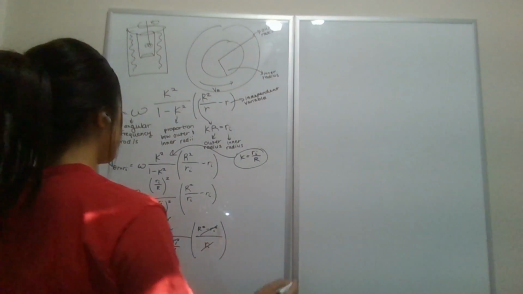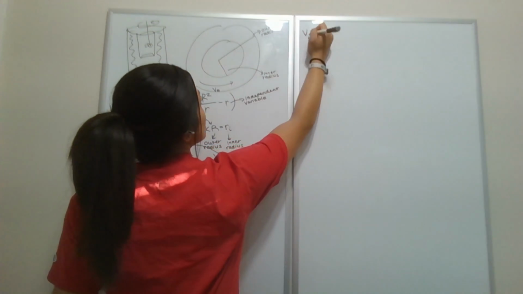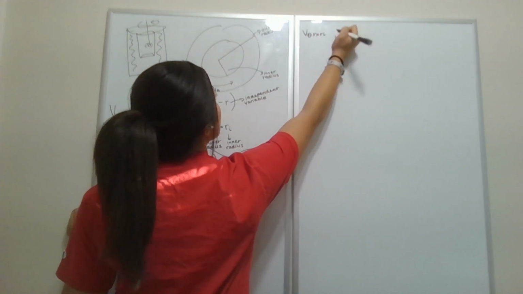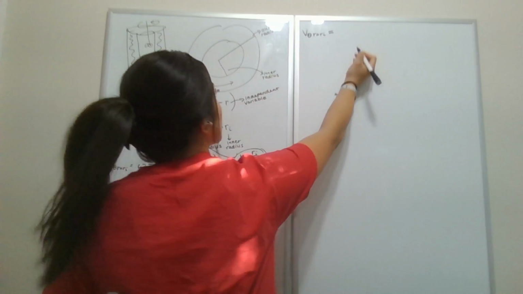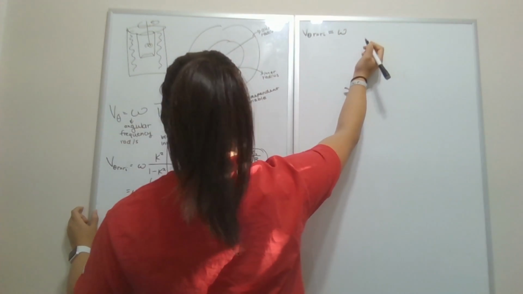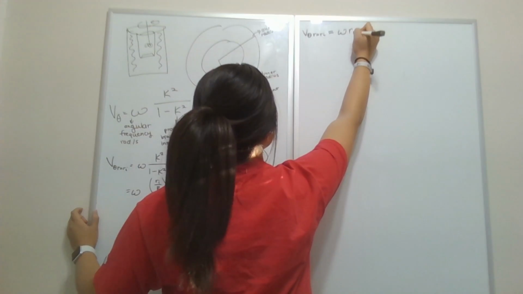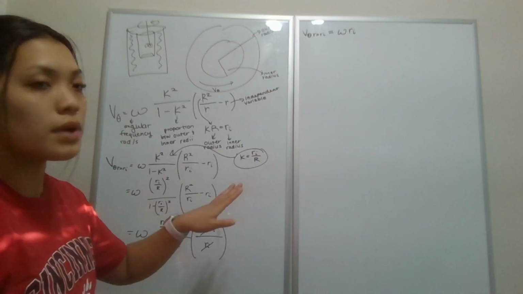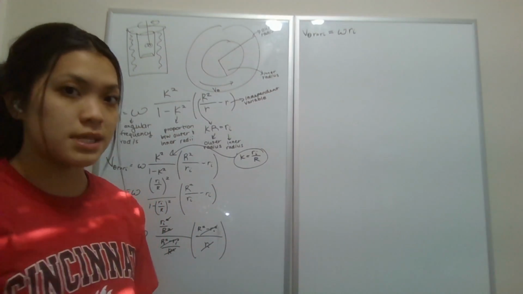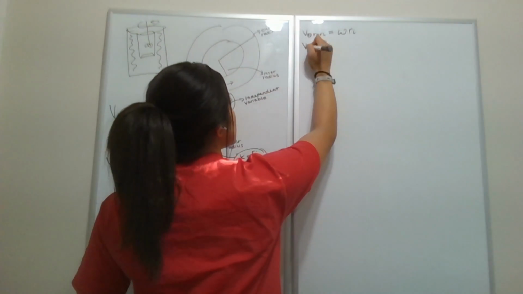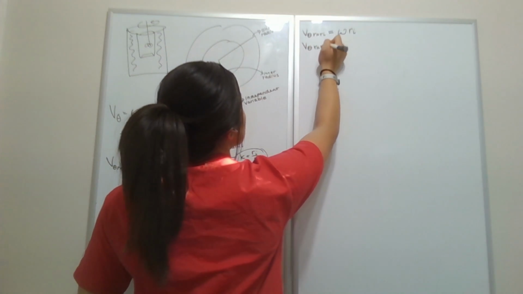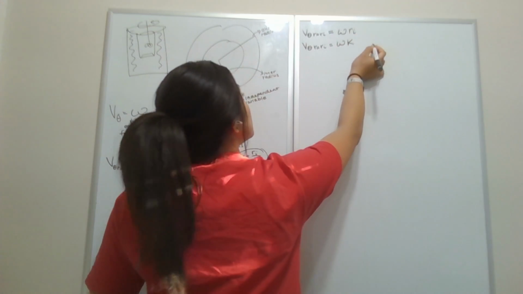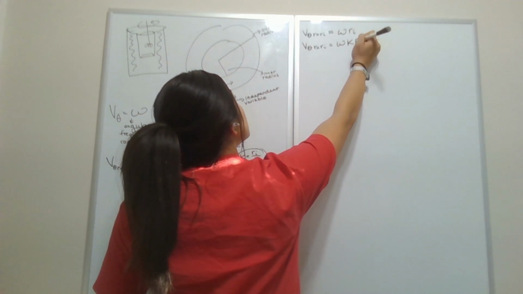And so that's going to leave us with the velocity at the inner radius is equal to the angular frequency times the inner radius. And again, going back to this proportion we have here, the inner radius just equals the proportion times the outer radius. So that means that the velocity at the inner radius is the angular frequency times the proportion between the inner and outer radii times the outer radius.